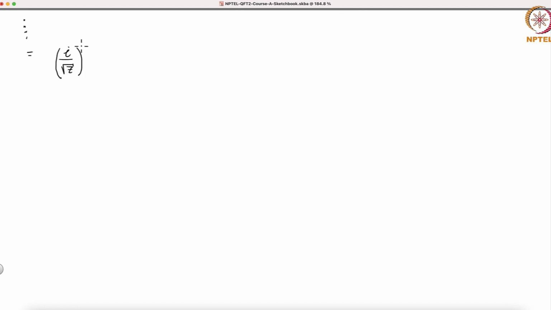So each time you get this, you have a factor to the power M. Then you will get square root of 2 omega k1, square root of 2 omega k2 and so forth, up to k m. So this is also a factor that you are going to get.